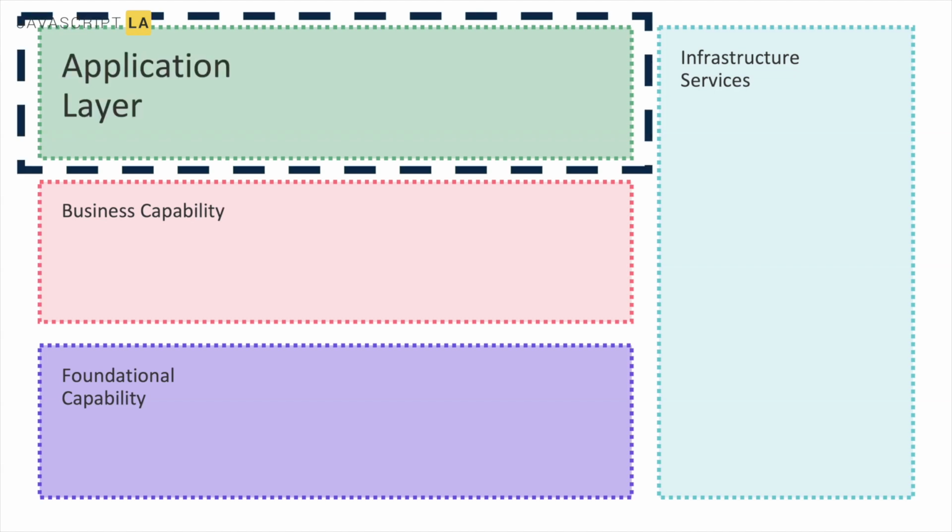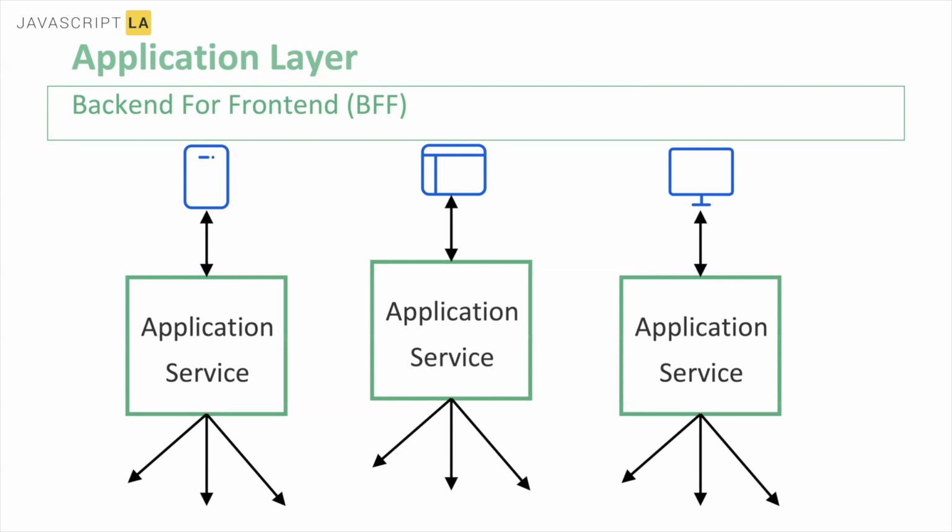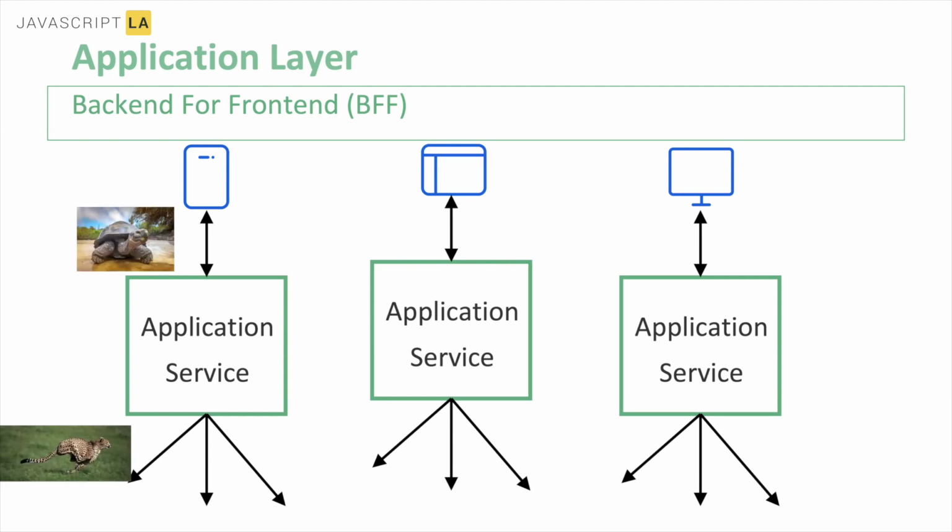So the first thing is the application layer. Sometimes this is called backend for front end, which is a common term for this. There's a few others as well. The general idea here is that you have a service for each of your clients, an application service. The general thought is that if I'm in France or someplace on a mobile phone with a 3G connection, my call to my data center on the West Coast is going to be super slow.